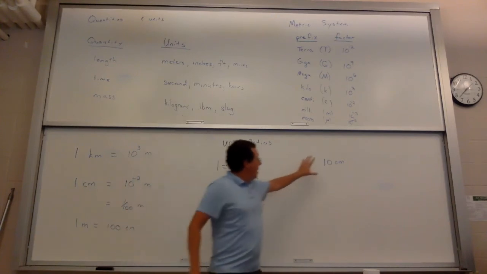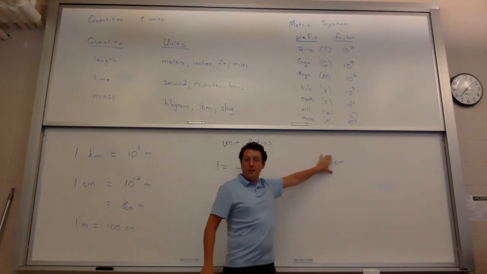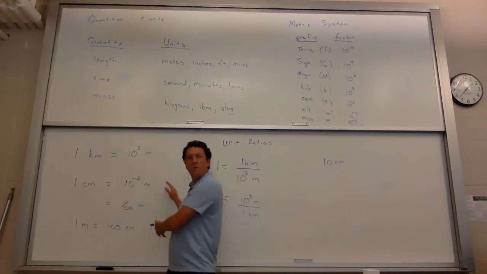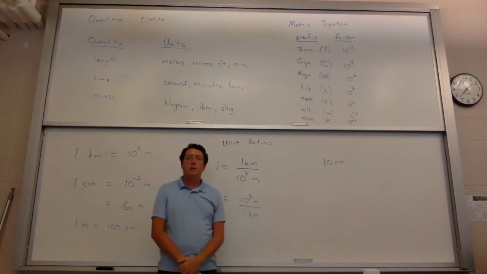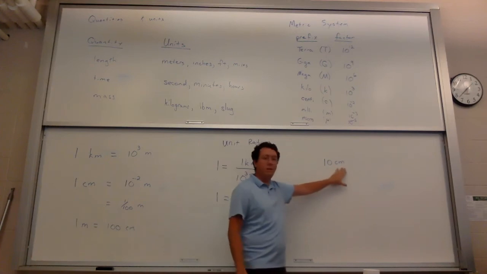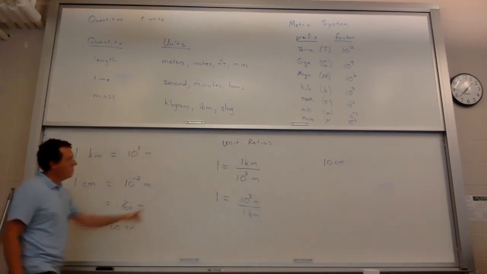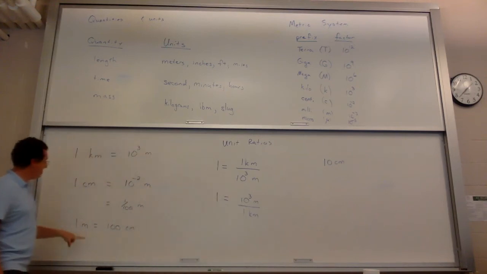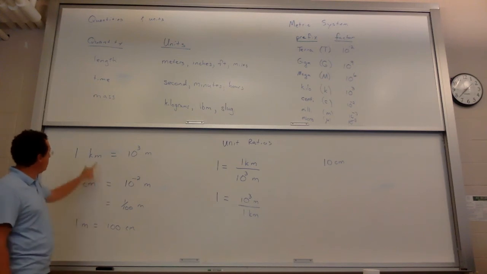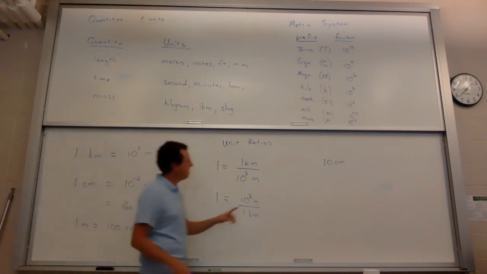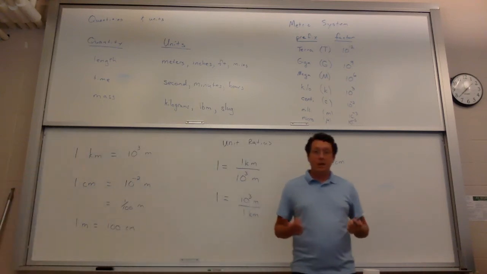So I somehow want to start with this, and I want to use these ratios, or other ratios that I might form, to change centimeters into meters. Well, to do that, actually, I'm not going to use these. I'm going to use this one to form a unit ratio. So rather than using the top line, I'm going to use the bottom line for my unit ratio.